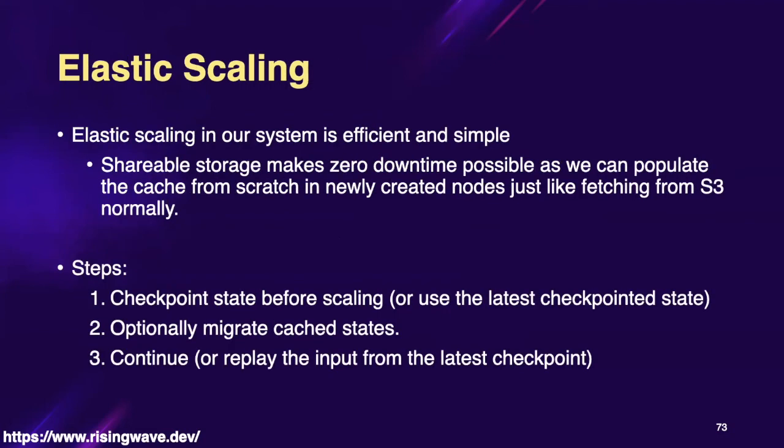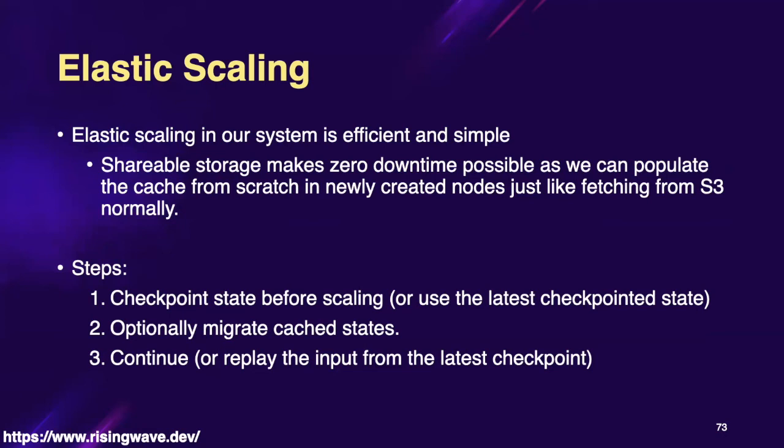The other aspect is about elastic scaling. One of the advantages of RisingWave is that it can scale the system with theoretically zero downtime. The problem of existing systems, as mentioned before, is that they need to do a very complicated state migration process when they scale out, because you introduce some new nodes and you want the state reshuffled to all the older nodes together with the new nodes.